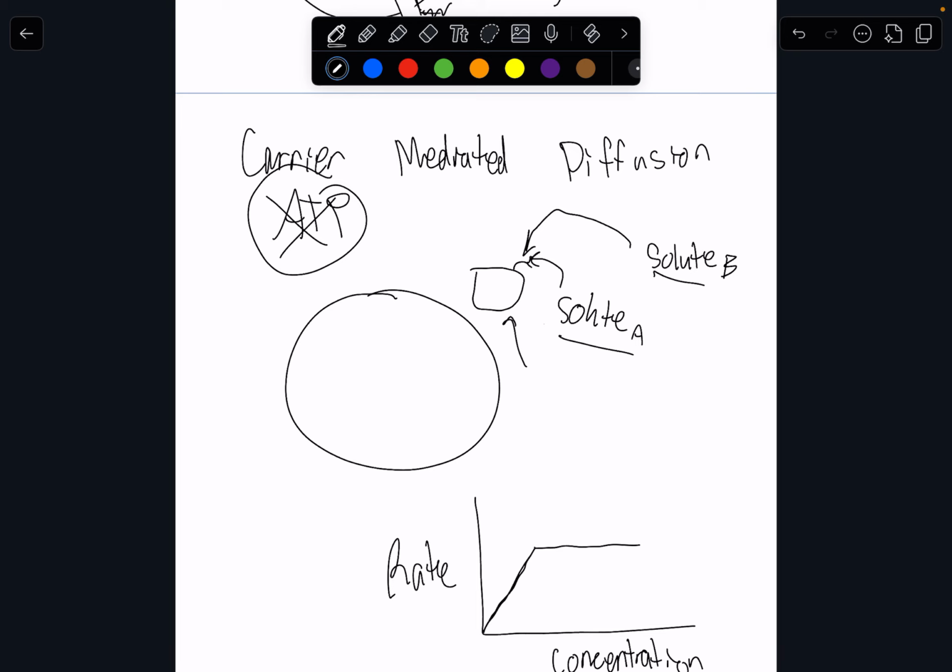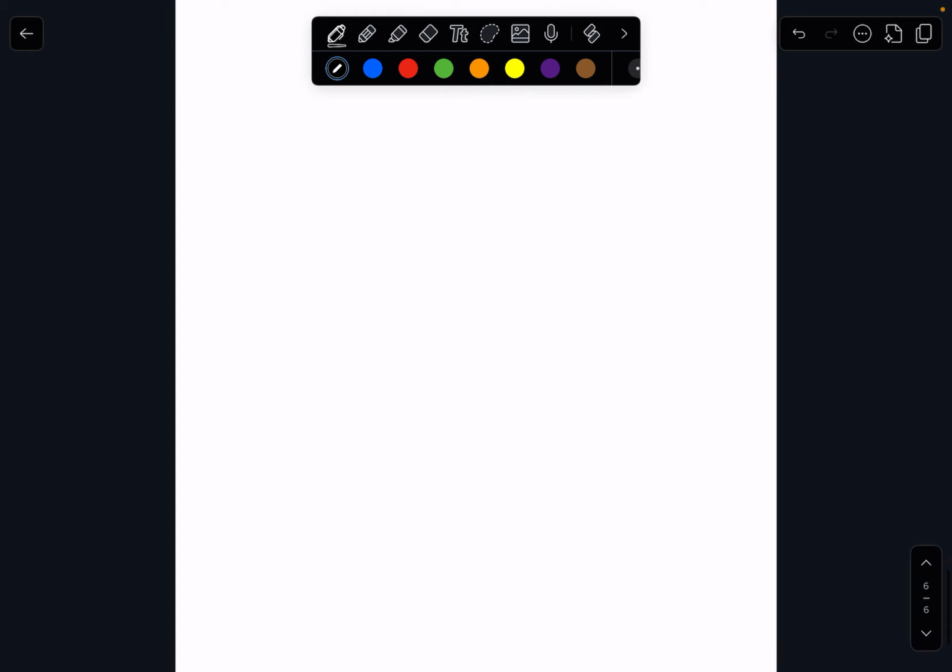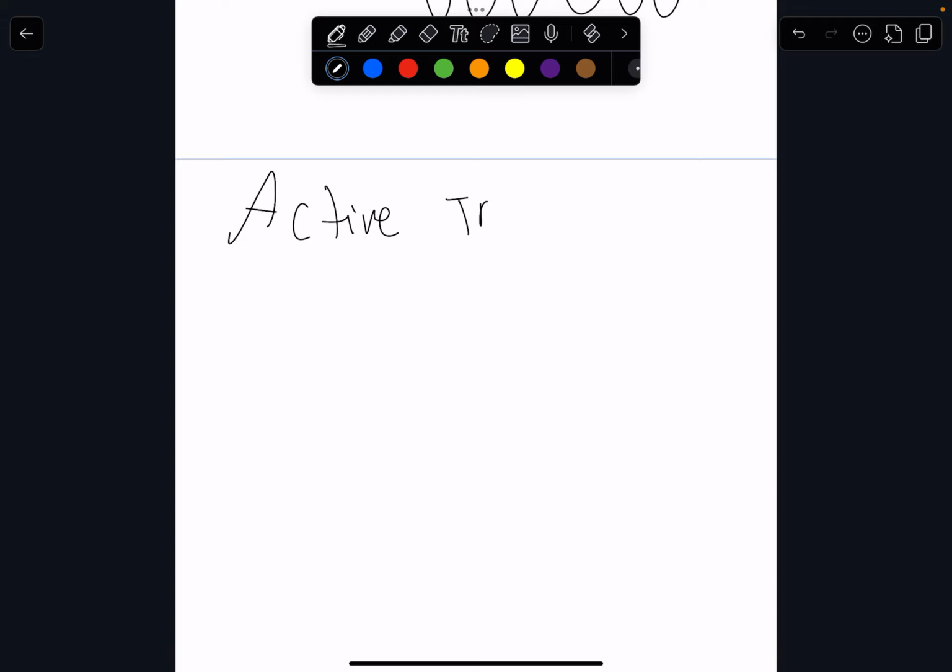Okay. Now we're going to talk about active transport. There are two types of active transport. First, we're going to talk about primary active transport.